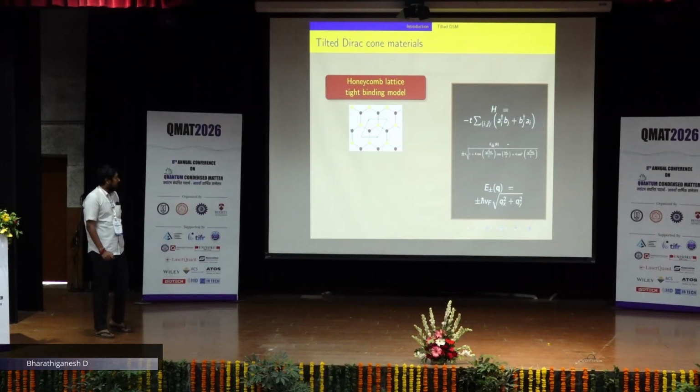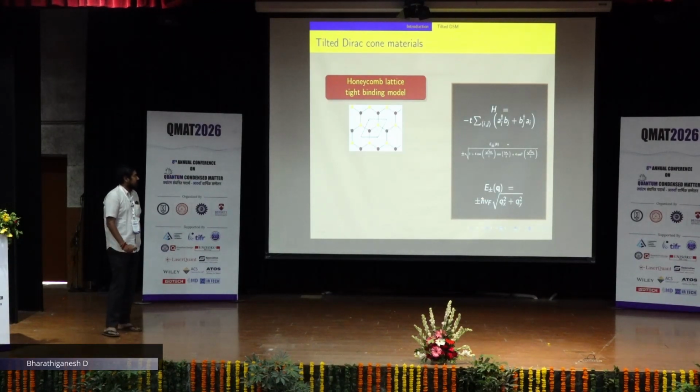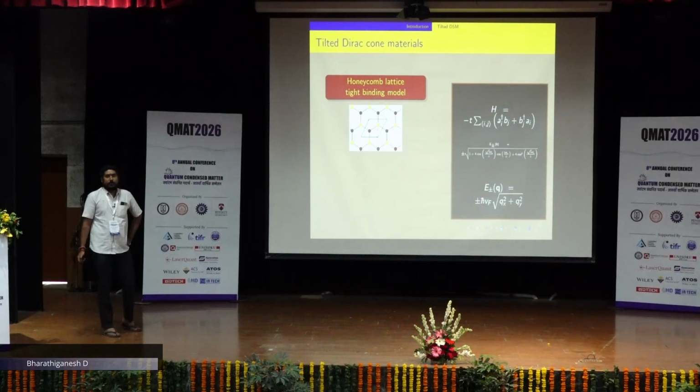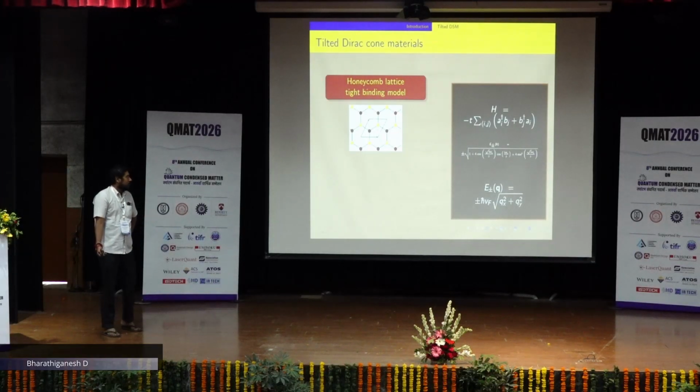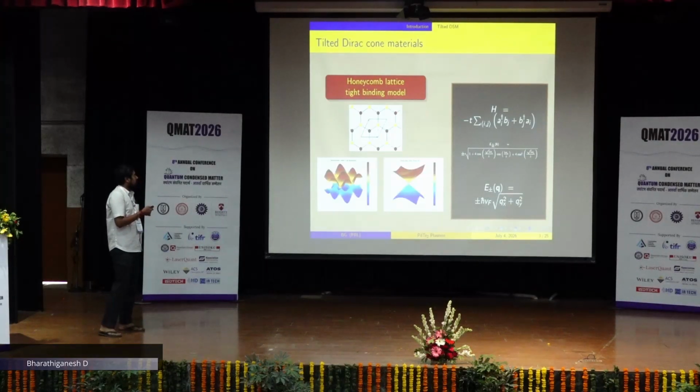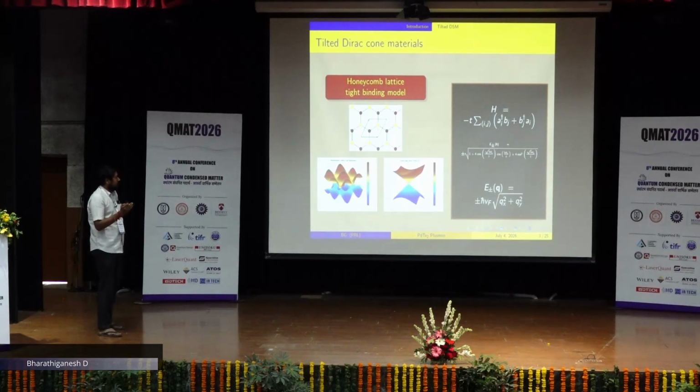I'll start with a very small introduction to tilted Dirac cone materials, for the advantage of the audience. These are materials which are, you can say, cousins of graphene, which has upright Dirac cones, but in these systems the Dirac cones are tilted.